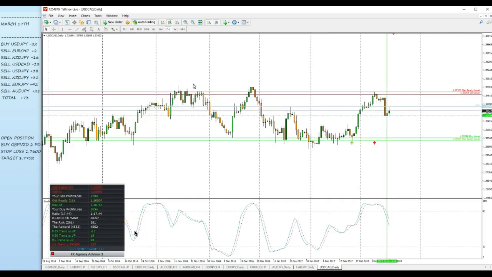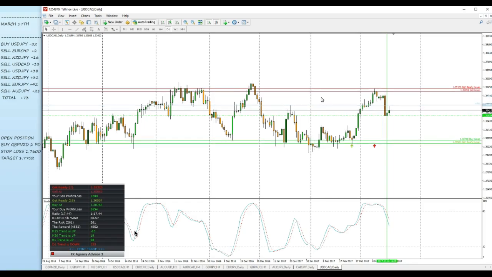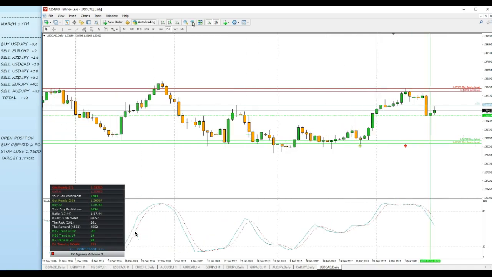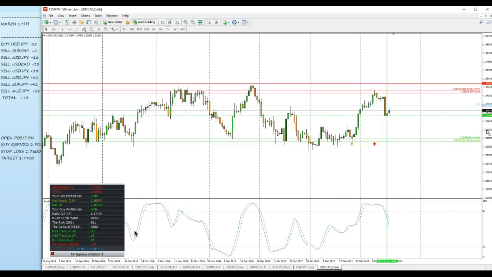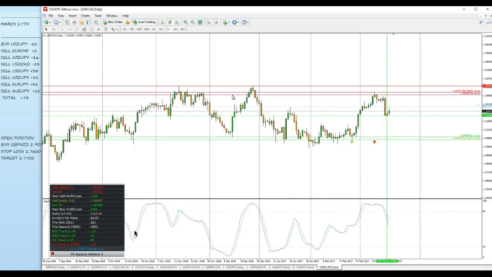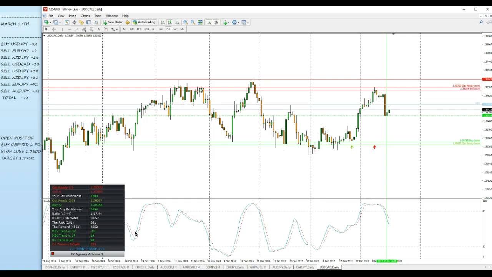Again, here's another trade setup on the USD CAD daily chart. The advisory indicator is giving us a sell alert up at these levels. And where is that? If you look back, there was a resistance level back on November 11th, and then again the same level right there in December, and then it gave us another sell signal around the same level.